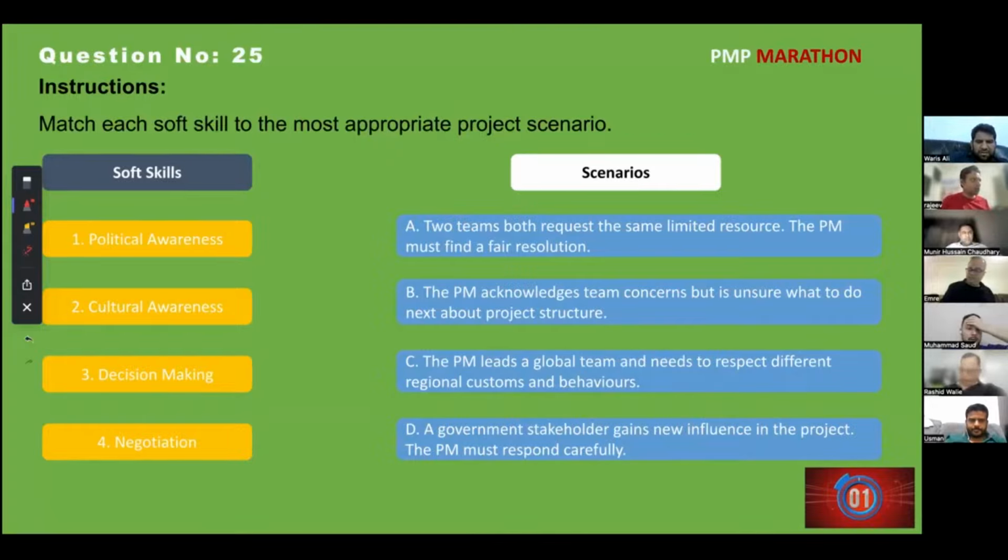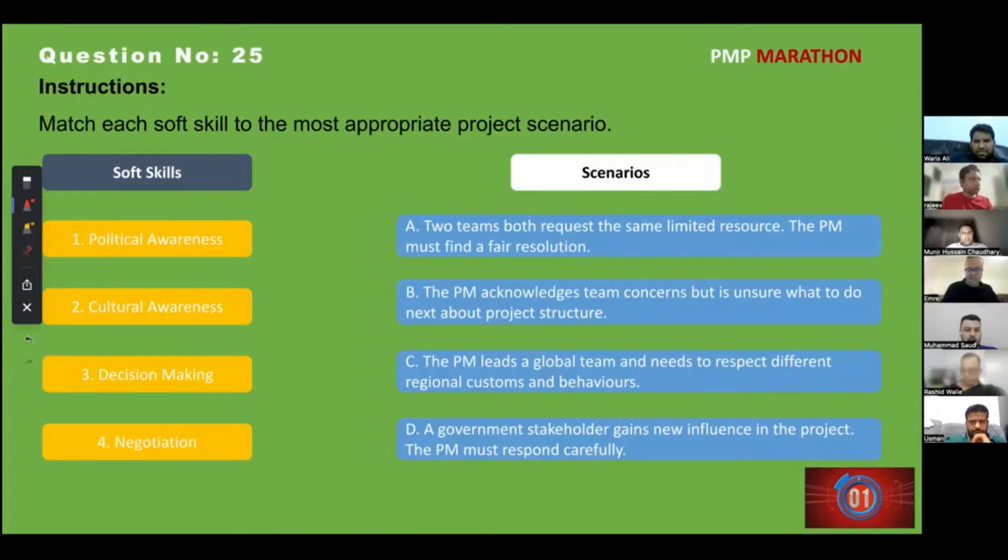Okay, political awareness. It's D: the government stakeholder gains new influence in the project, and the team must respond carefully. Good. Next, two: the PM leads a global team and needs to respect different regional customs and behaviors. Good. Next, decision making: we have two teams both requesting the same limited resource, so the team must find a fair resolution.